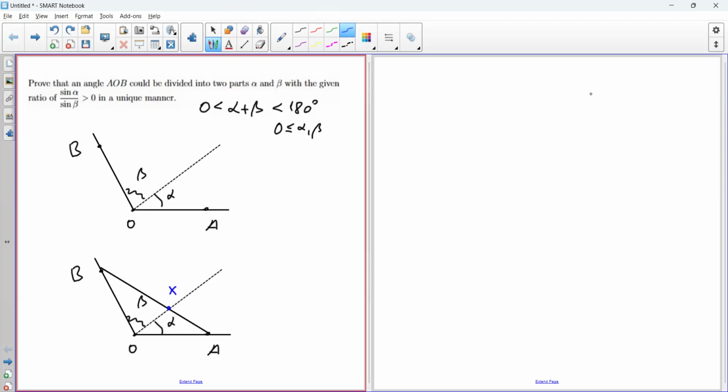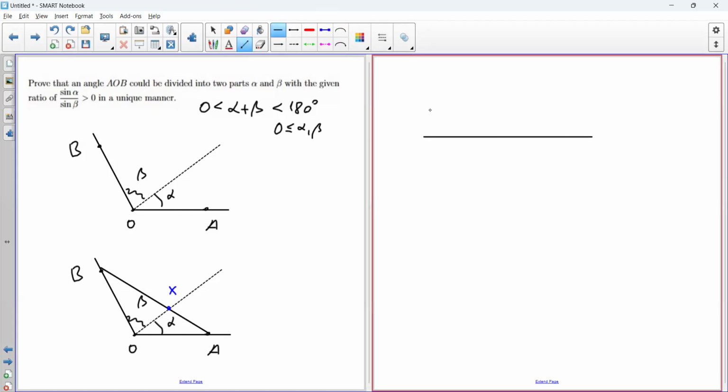And I will actually use another statement, which I used even more frequently. I consider this a very useful lemma as well.